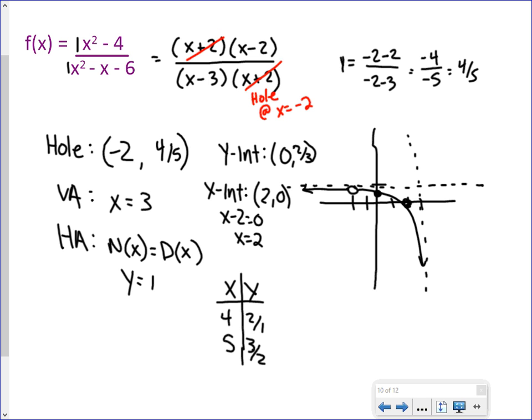So that's really handy to just use the reduced function. And I can plot those: (4, 2) and (5, 3/2). So probably something like that.